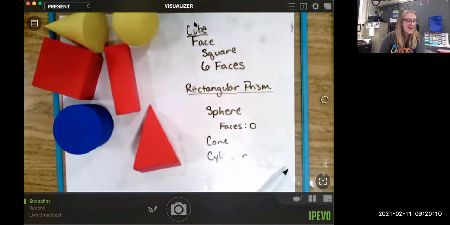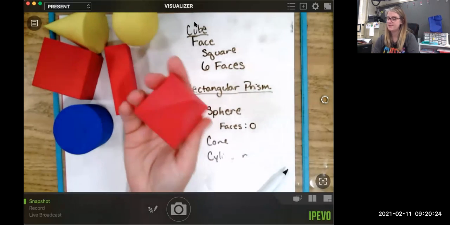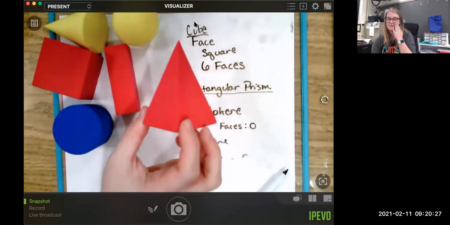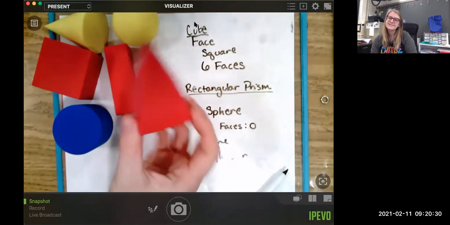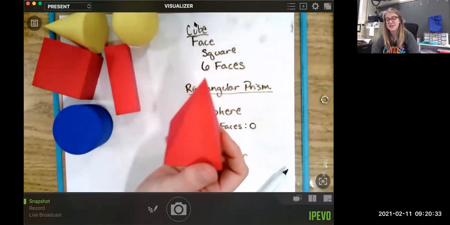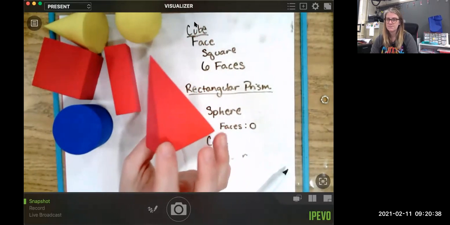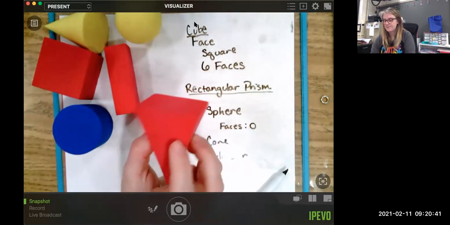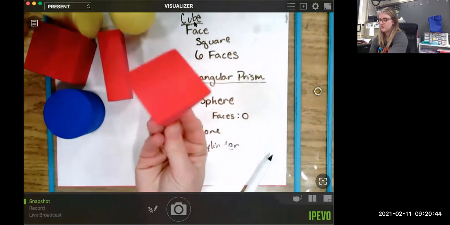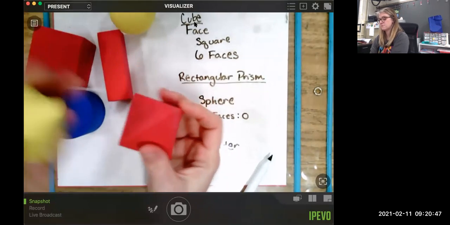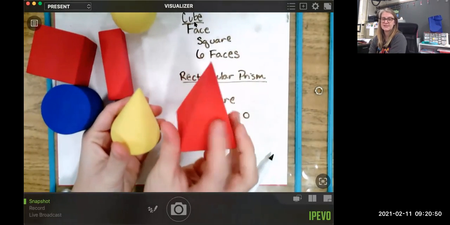Finally, look for a solid that has an odd number of faces greater than 1. This solid has an odd number of faces. How is it similar to some of the other shapes that we have in our collection? Well, I noticed that this shape has a point like our cone. It's a similar shape, except it has flat sides.